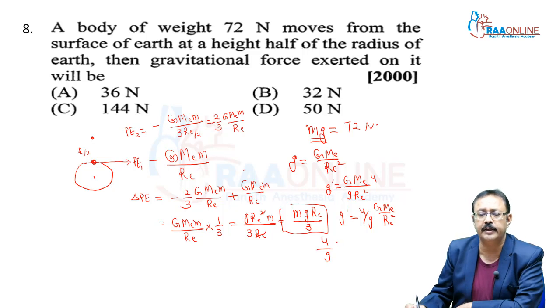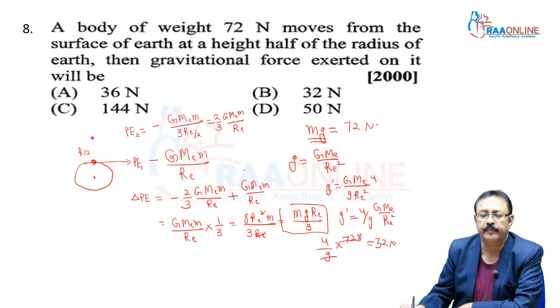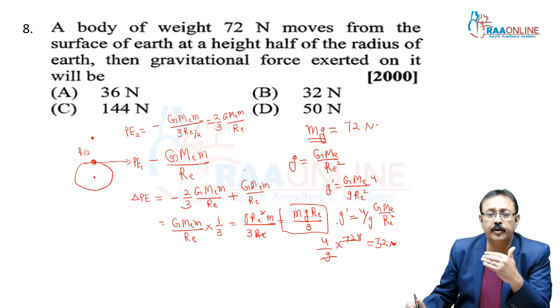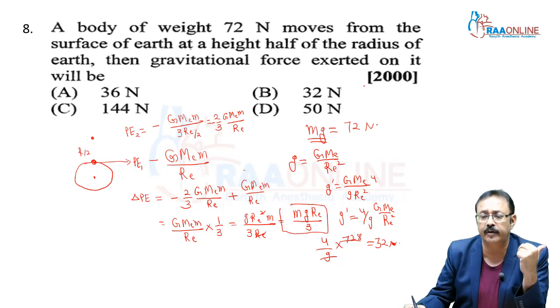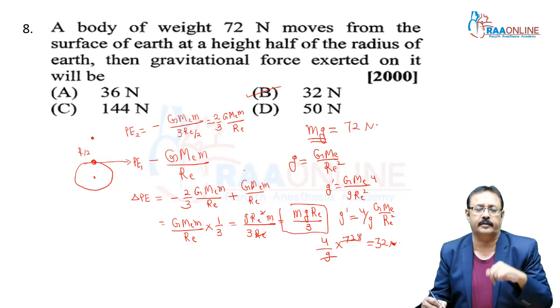Only the change in weight is due to this change in g. 9 8s, 8 4s. It should be 32 Newton. So the weight of the body moved from the surface of Earth, the gravitational force exerted on it will now become 32 Newton at that point.